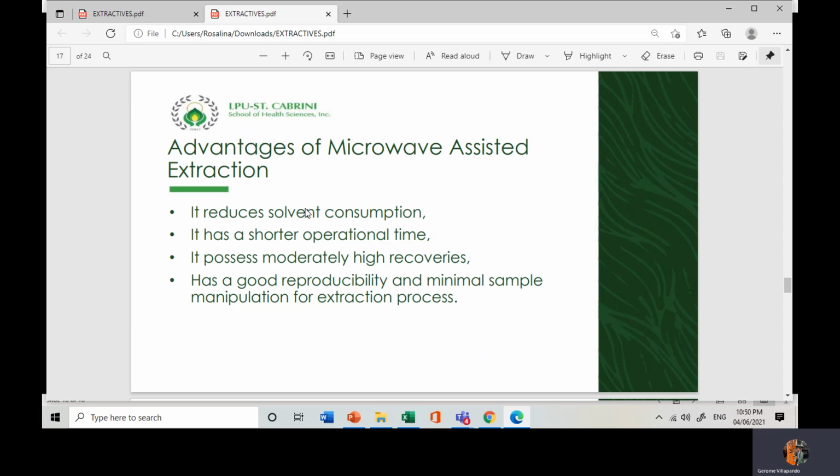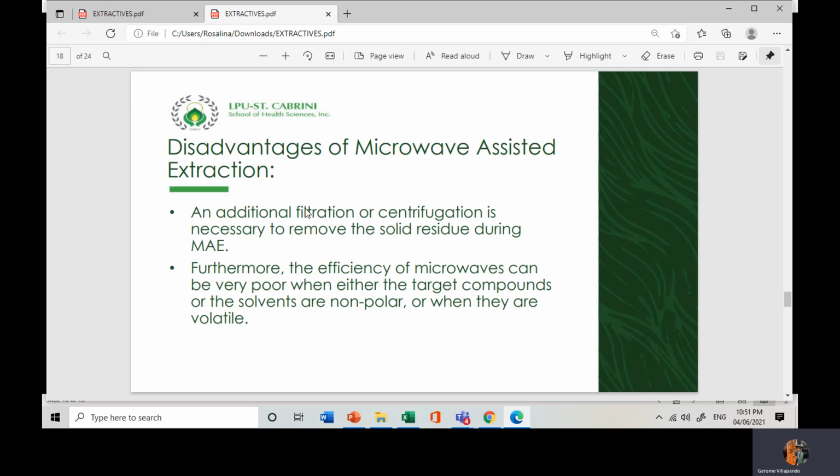So, advantages: it reduces solvent consumption, has a shorter operational time, possesses moderately high recoveries, has good reproducibility, and minimal sample manipulation for the extraction process. So anong disadvantage nitong MAE na to? An additional filtration or centrifugation is necessary to remove the solid residue during your microwave-assisted extraction.